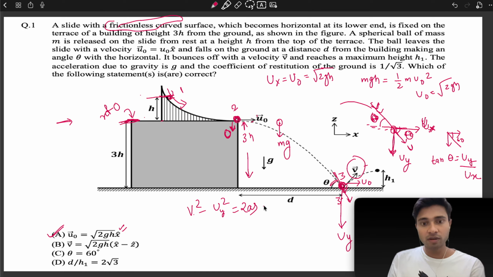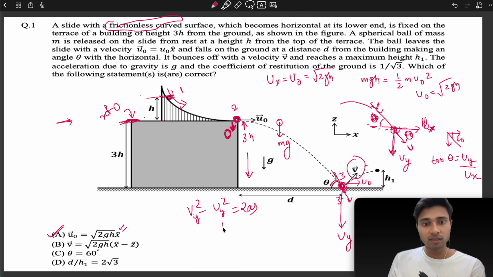v square minus u square equal to 2as. What was u? Initial velocity in the vertical direction, which was 0, and v is the final velocity in the vertical direction, which is uy.